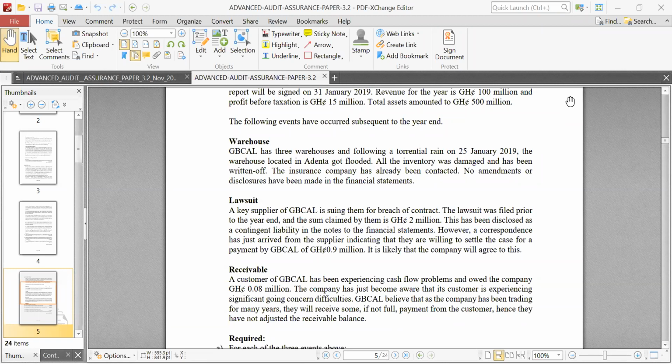So the condition is that there was a lawsuit. Despite the changes in the figures, it still doesn't change the fact that it's an adjusting event, because there was a condition prior to the end of the financial year. It still has to be adjusted.